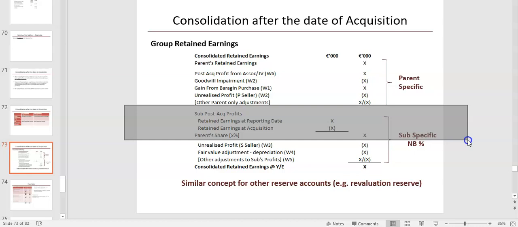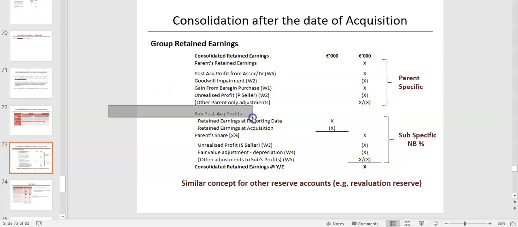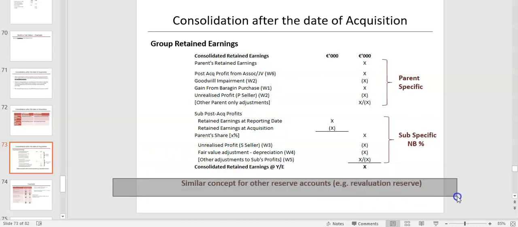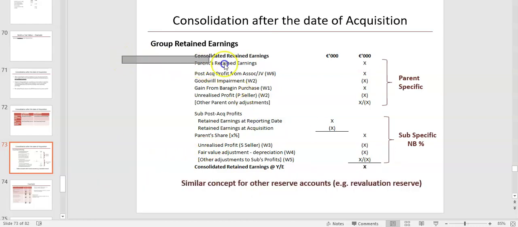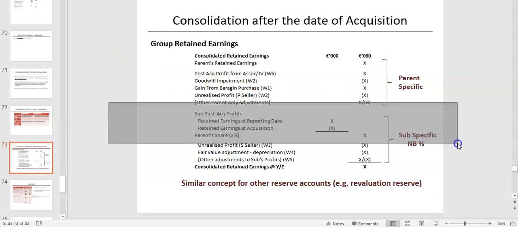Any retained earnings before the date of acquisition would go to the goodwill working and the NCI. You're only worried about this thing called post-acquisition. And that's an important distinction you have to start getting practice on. And that will also work if you're doing, for example, revaluation reserve. It's the parent's reval reserve plus their share of post-acquisition revaluation gains or losses in the subsidiary.